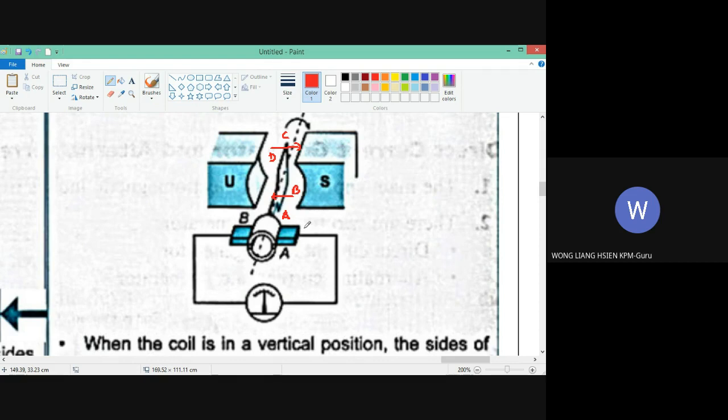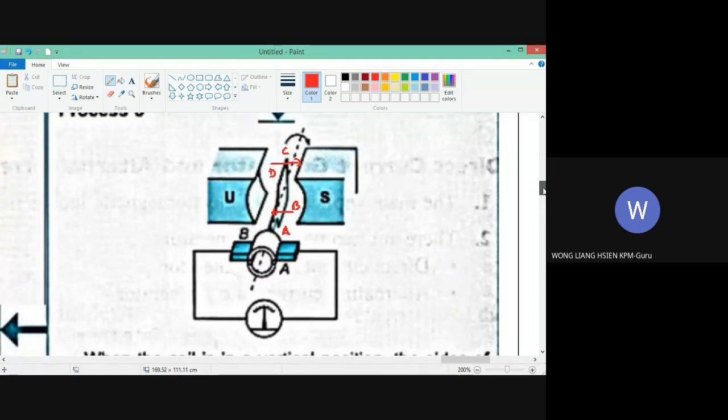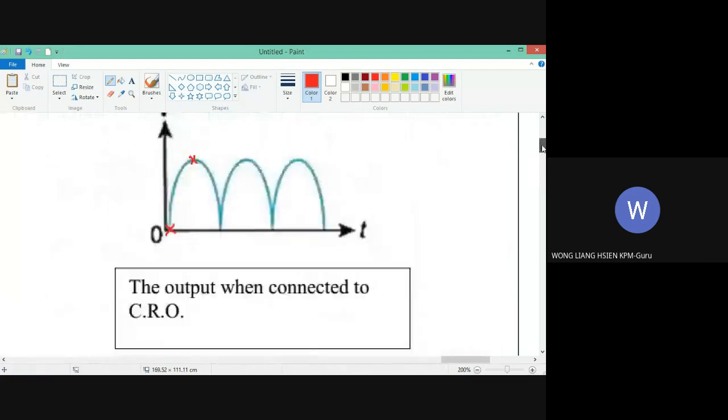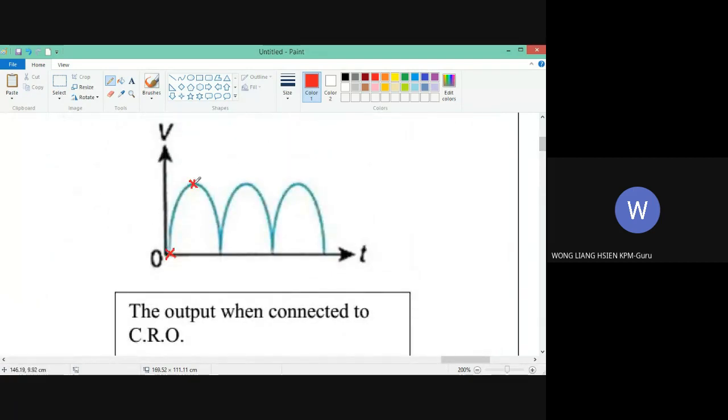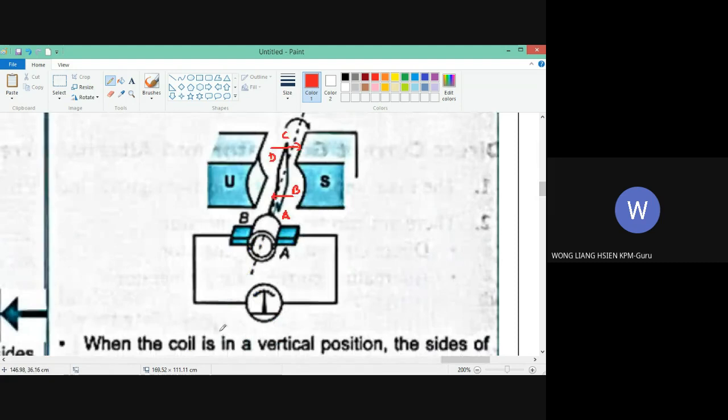So that means no cutting. When no cutting, that means no EMF. There is no induced EMF. So during process 3, the induced EMF goes down until here, 0. And then continue to process 4.